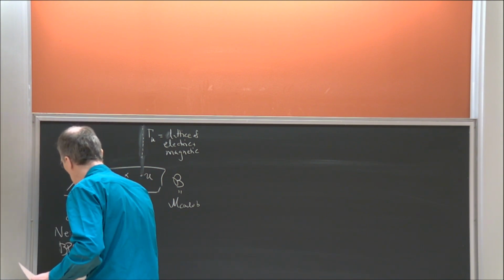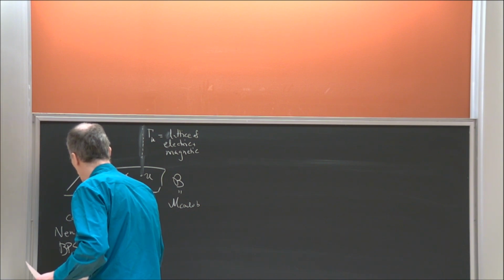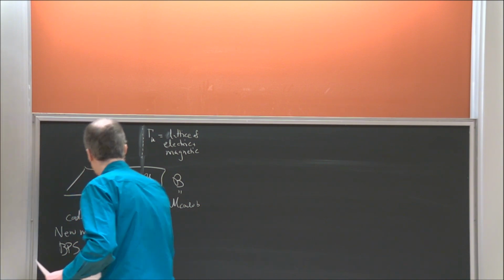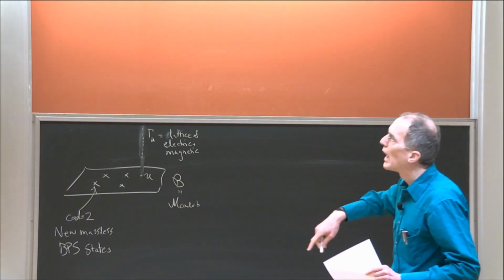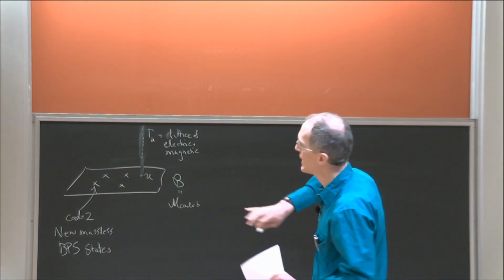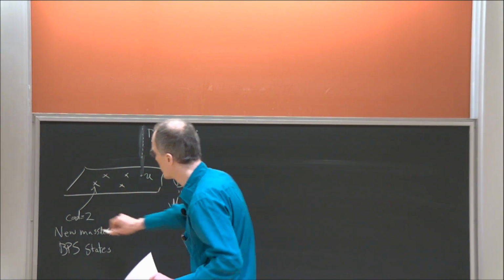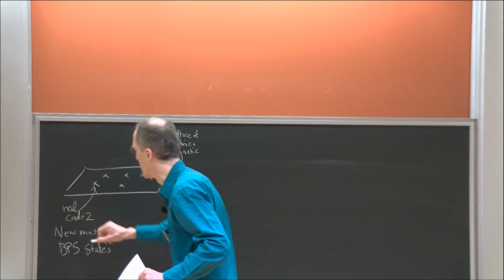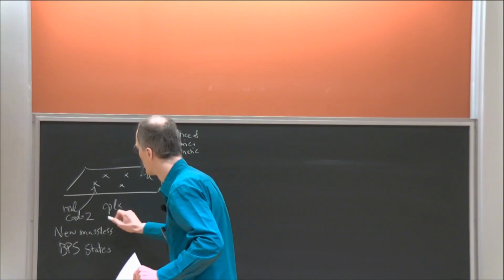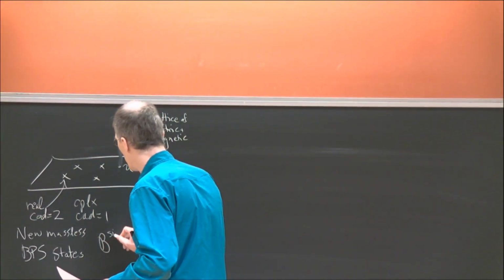So the spectrum of the Hamiltonian varies as we move around the Coulomb branch, and in particular, the space of BPS states varies as we move around the Coulomb branch. And then there are real codimension 2, complex codimension 1 subvarieties where there are new states which become massless. So I'll call that B singular.